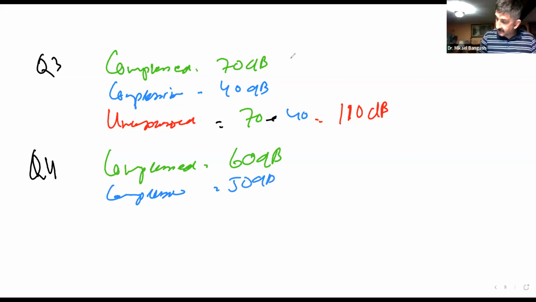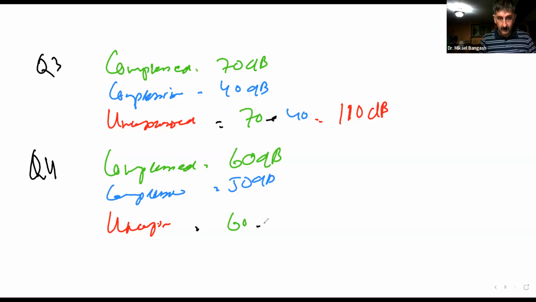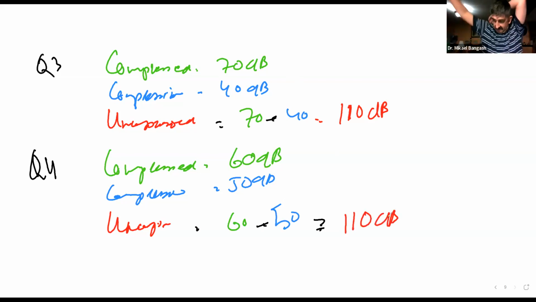What is the dynamic range of the original uncompressed signal? Before compression, that's just going to be the same. That 60 will be added to 50, and what we have as the uncompressed signal is 110 decibels. Did that make sense?